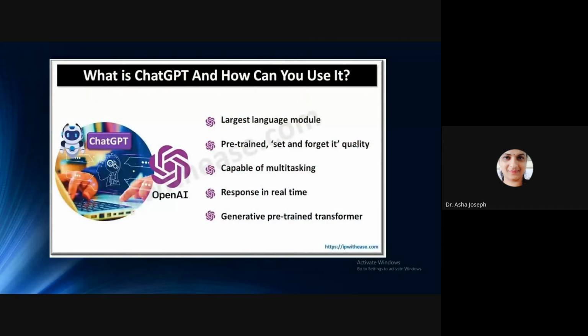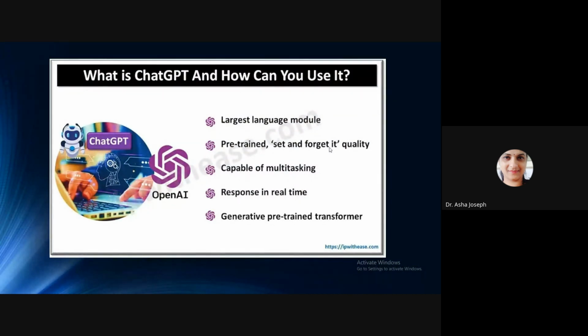So what is it? It is the largest language model, developed by OpenAI, as I have mentioned. The current version of ChatGPT is based on the GPT 3.5 architecture, and it is an advanced version of GPT-3. The starting was GPT-3.